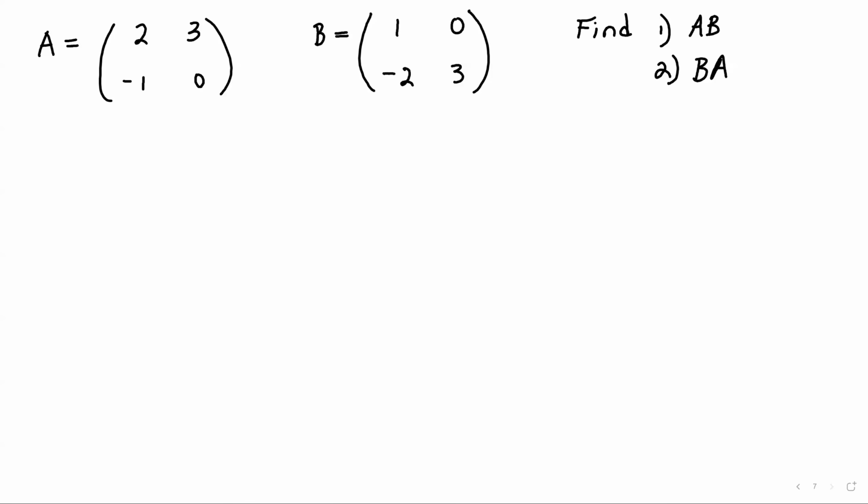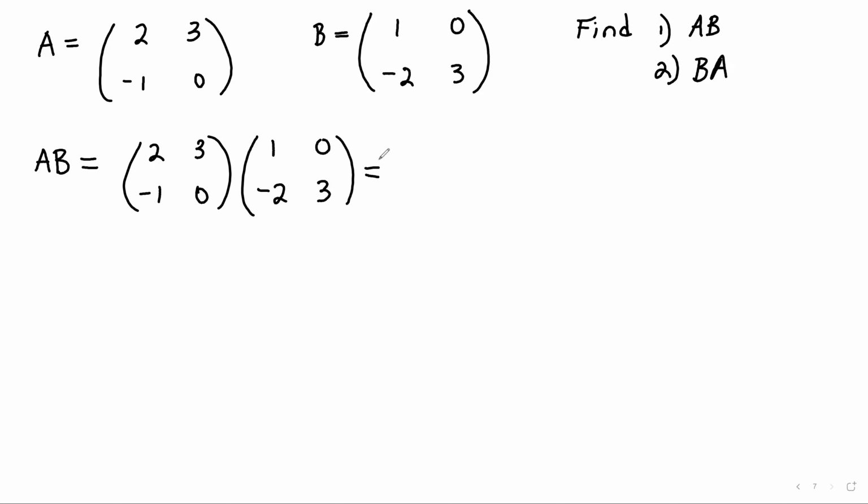Right, so AB would be equal to 2, 3, negative 1, 0 times 1, 0, negative 2, 3, right? So the answer here, the first one would be your row 1, column 1, right? So that would be row 1 times column 1. So it will be 2 times 1, plus 3 times negative 2.